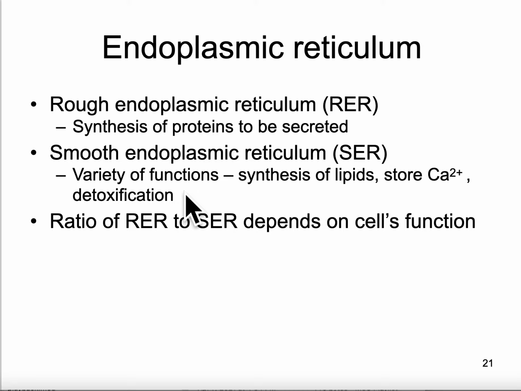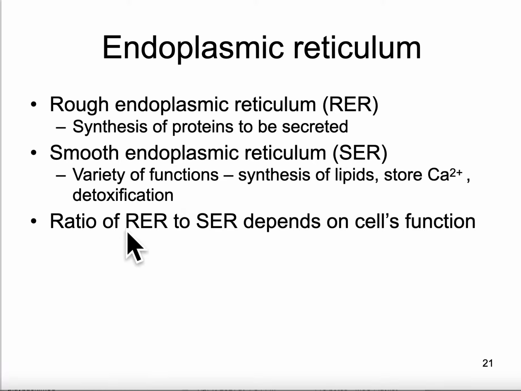Okay, there's a lot of smooth ER in the liver cells because liver has many functions. One of them is to detoxify your body, right? So people who abuse alcohol have livers that are unhealthy because they end up being overworked for this function of detoxification.